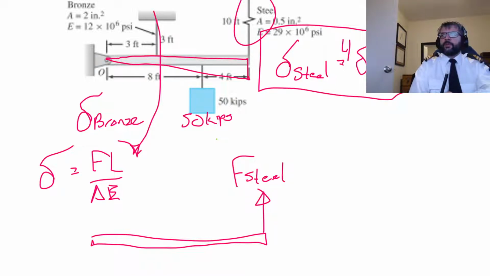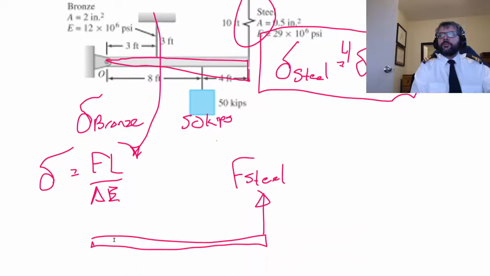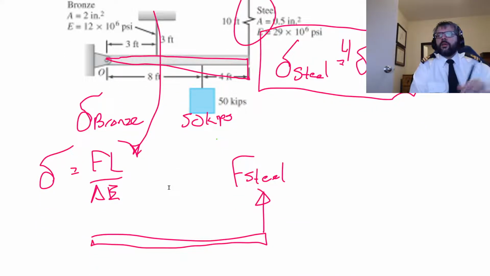But the displacement's 4 times as much in the steel as in the bronze. Let's see, the area is bigger for the bronze, but the steel's stiffer. So let's say that this ends up being 0.25 F steel.